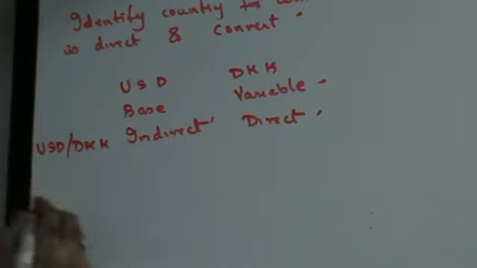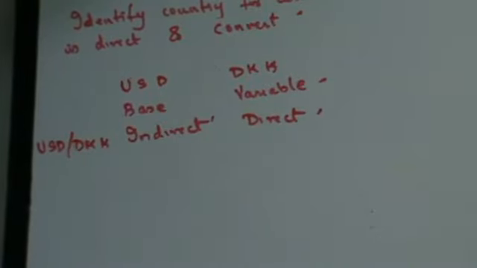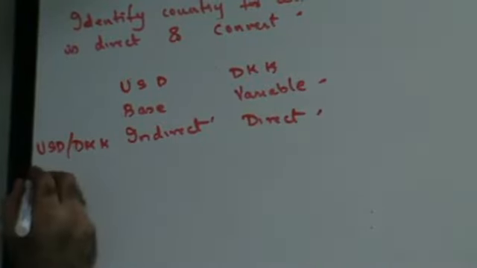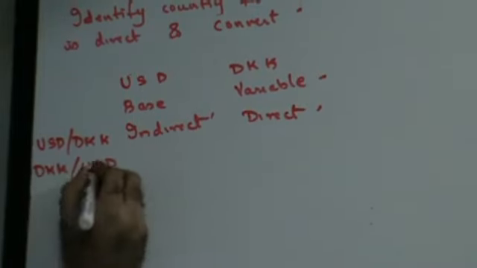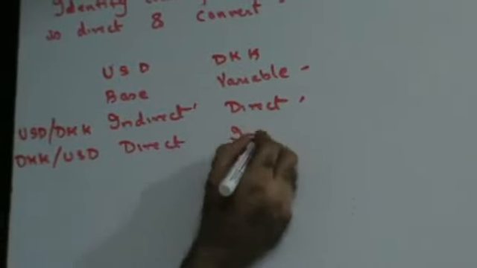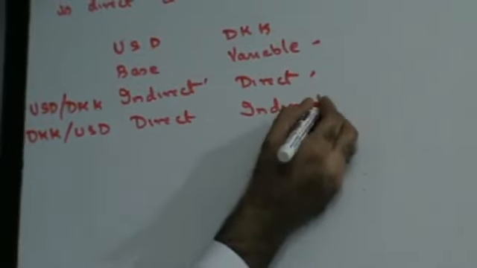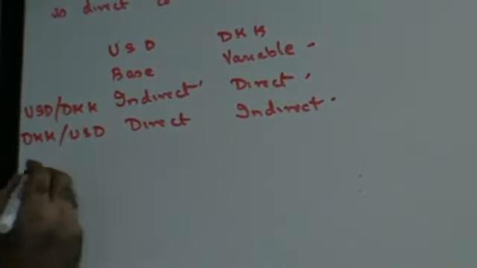So we have identified for which country it is direct and for which country it is indirect. Suppose instead of this, if this was DKK USD, then it would have been a direct quote for USD and an indirect quote for DKK. Now let's write the quote correctly.